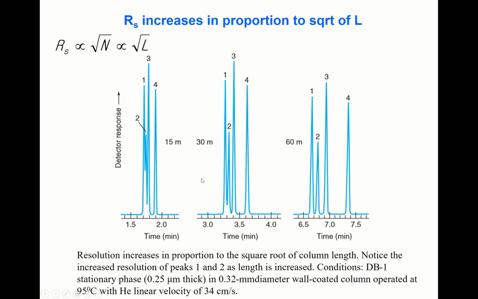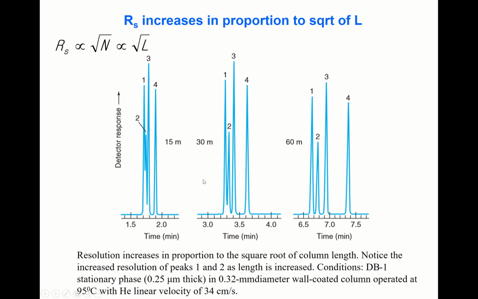When the column length is increased two times, what resolution do we expect? It will be improved by the square root of 2, so about 1.4 times, or a 40 percent increase in resolution.